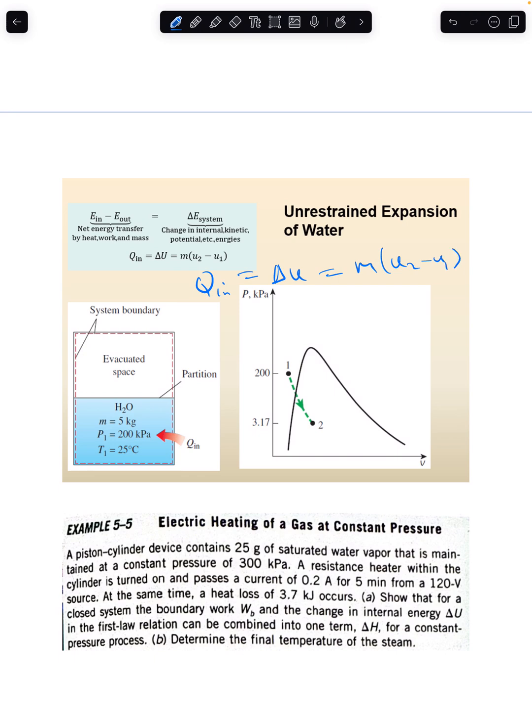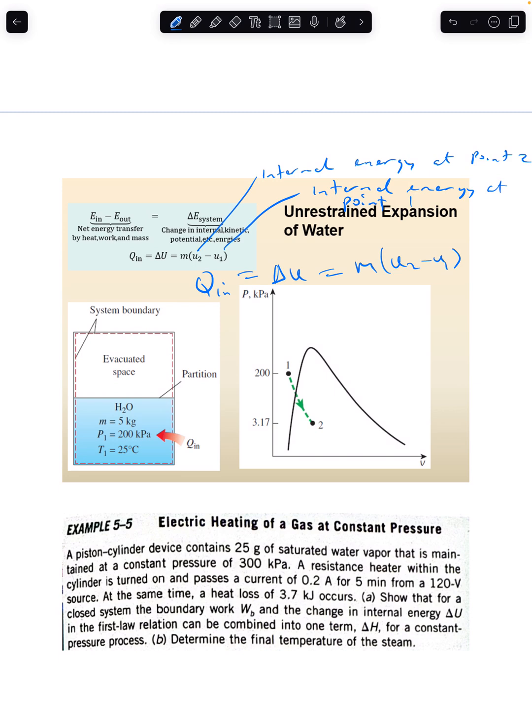That U2, this is the internal energy, internal energy at point 2, and this is the internal energy at point 1.